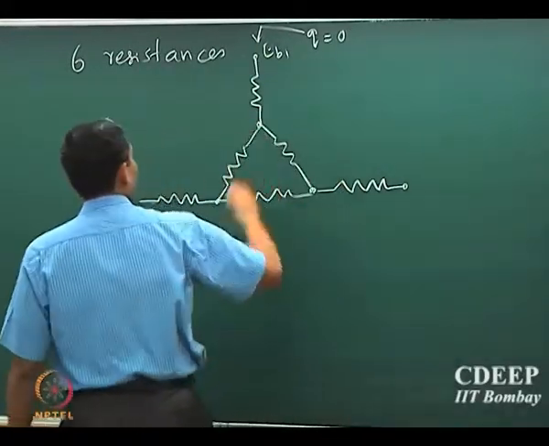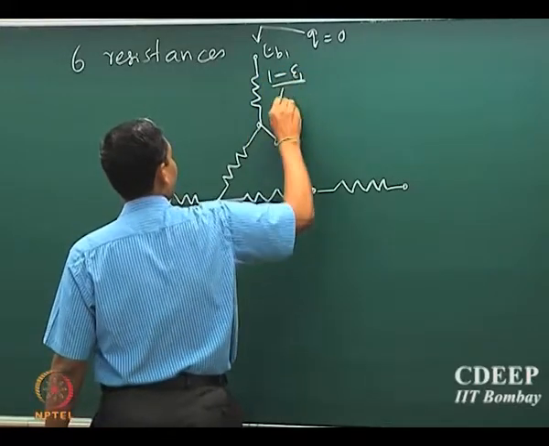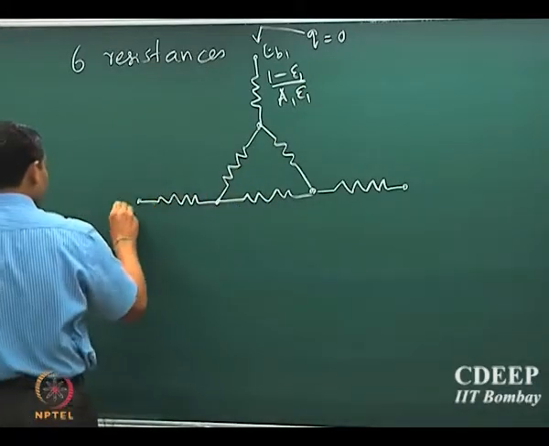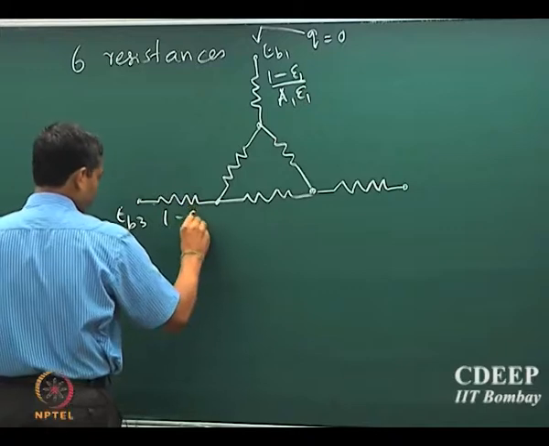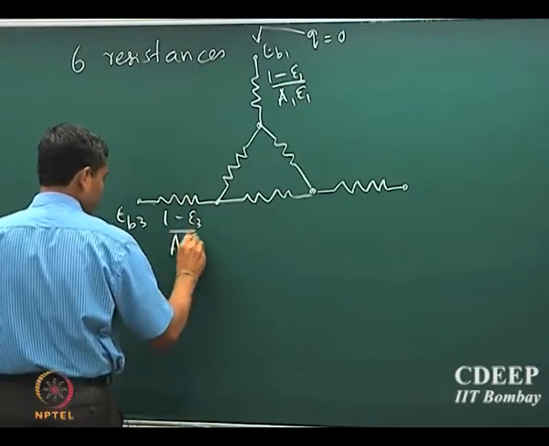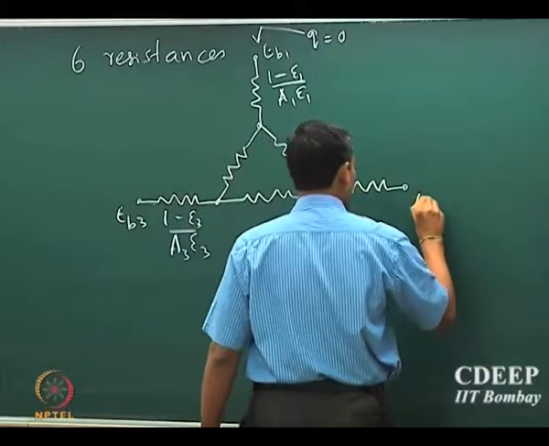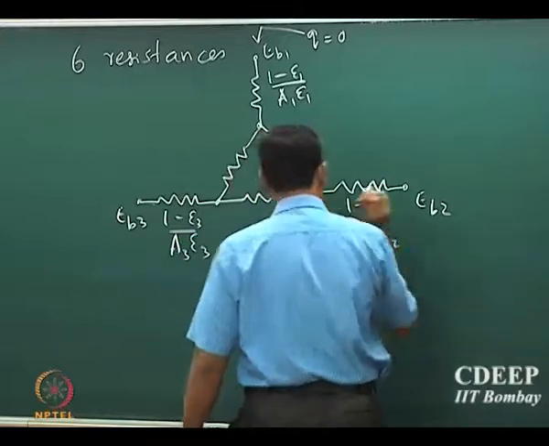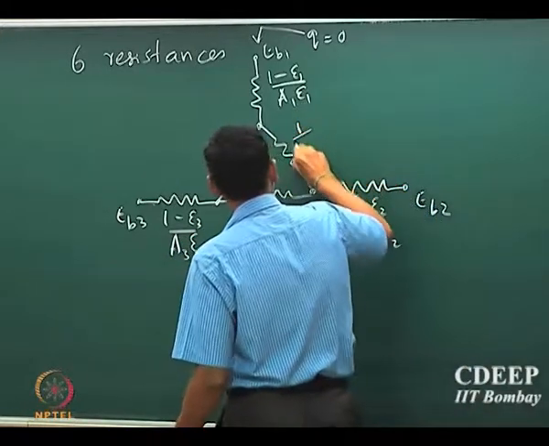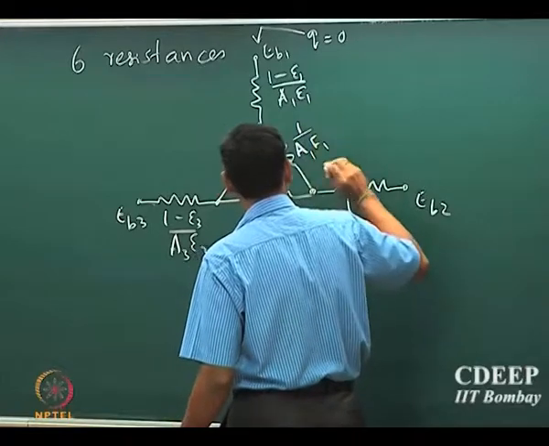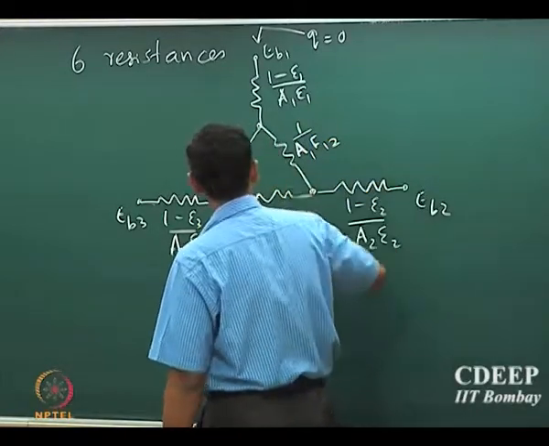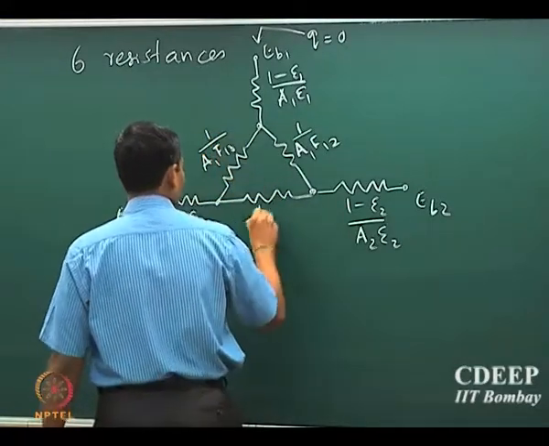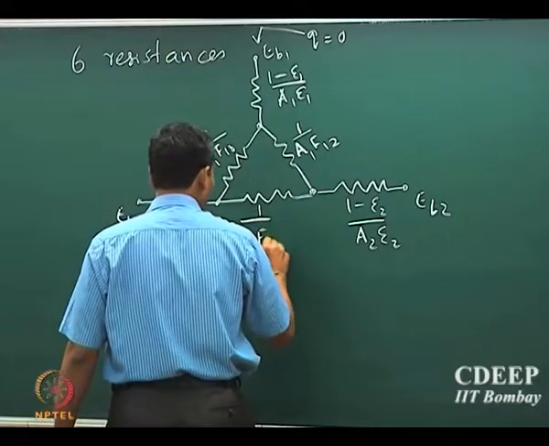This will be 1 minus epsilon 1 by A1 epsilon 1, that is the resistance here, and this is EB3 with 1 minus epsilon 3 by A3 epsilon 3, and this is EB2 with 1 minus epsilon 2 by A2 epsilon 2. The exchange resistances will be 1 by A1 F12, 1 by A1 F13, and 1 by A2 F23.